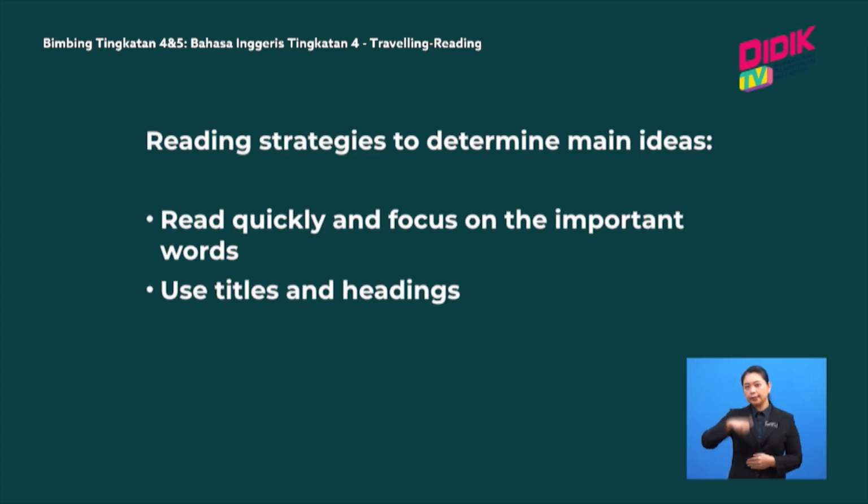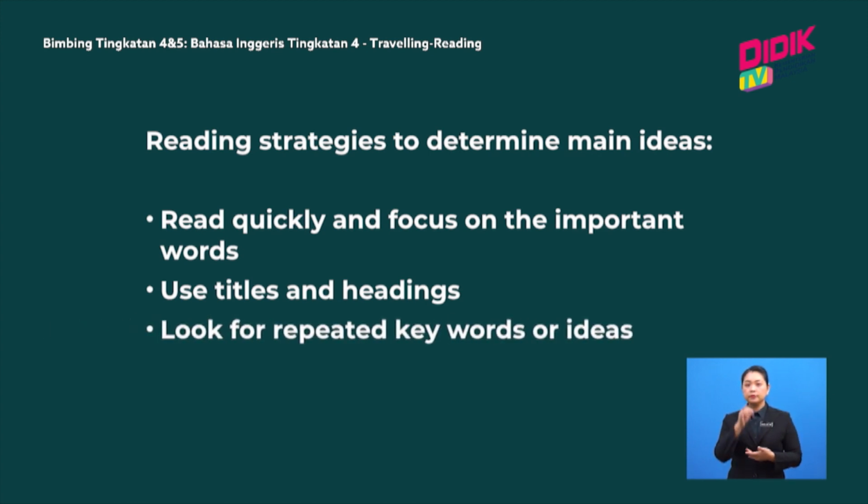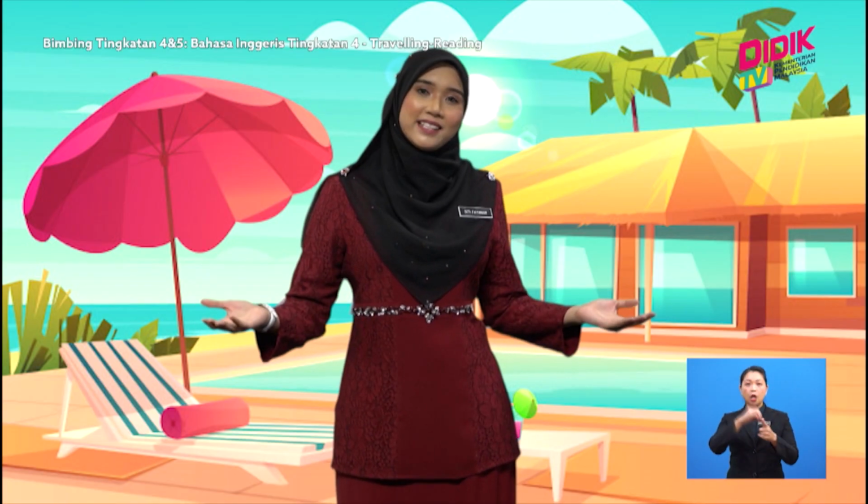Another strategy that can help you determine the main idea is look for repeated keywords or ideas. Let's practice this strategy with the next paragraph. This paragraph doesn't have topic or concluding sentences because it's not an information text.